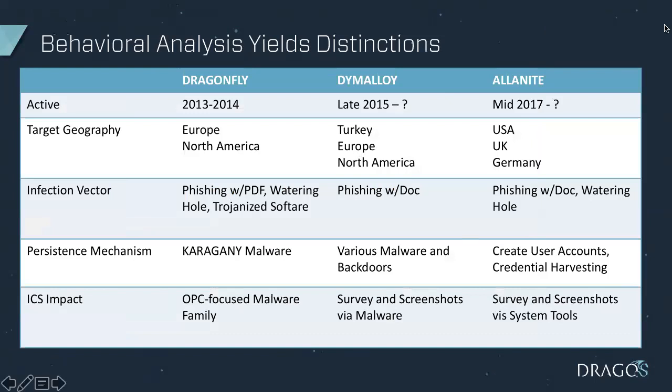So if we want to look at this over time, we've had the chart previously showing some of the groups that we're currently tracking, Dymalloy and Allanite, which Sergio described in a little bit of detail earlier.